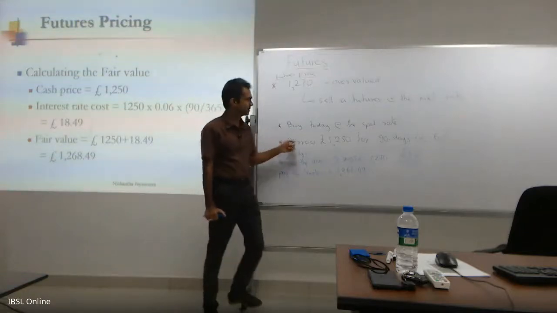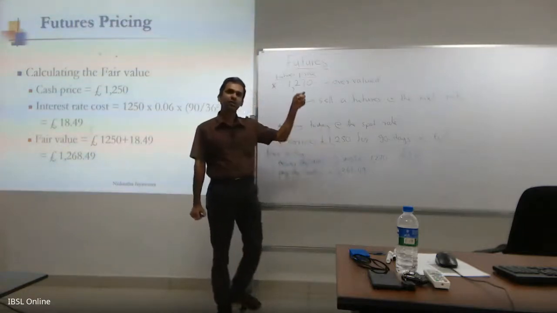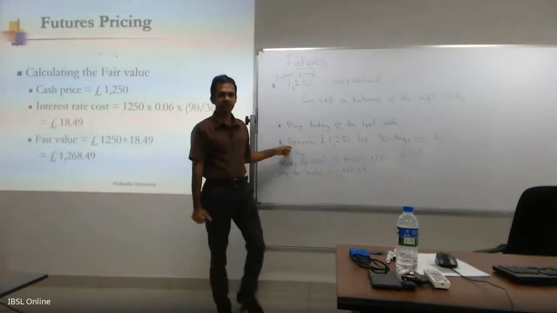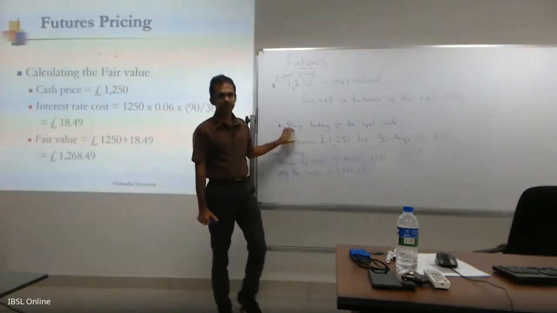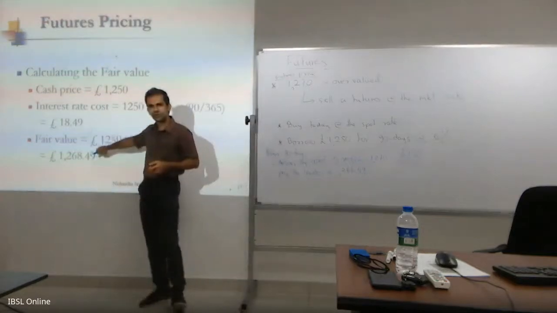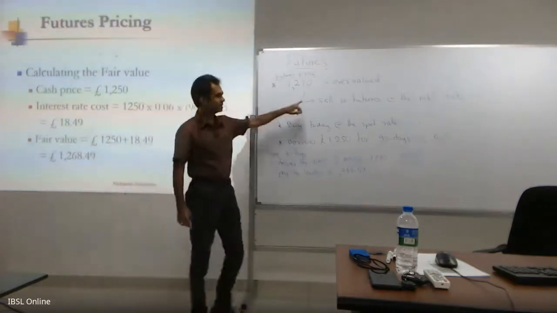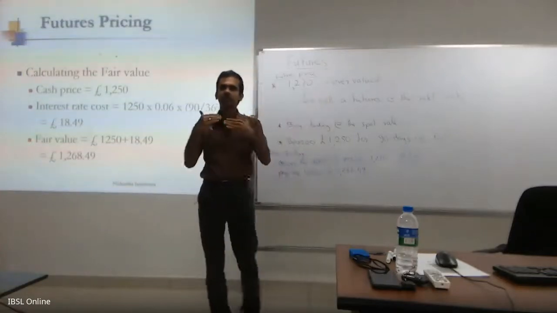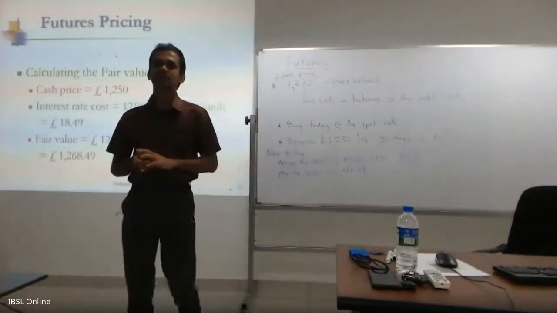So interest will go up. Everybody tries to borrow and buy. For price increase, interest increases. So in that sense, this price will go up. On the other hand, this will go down. So it will come to an equilibrium.